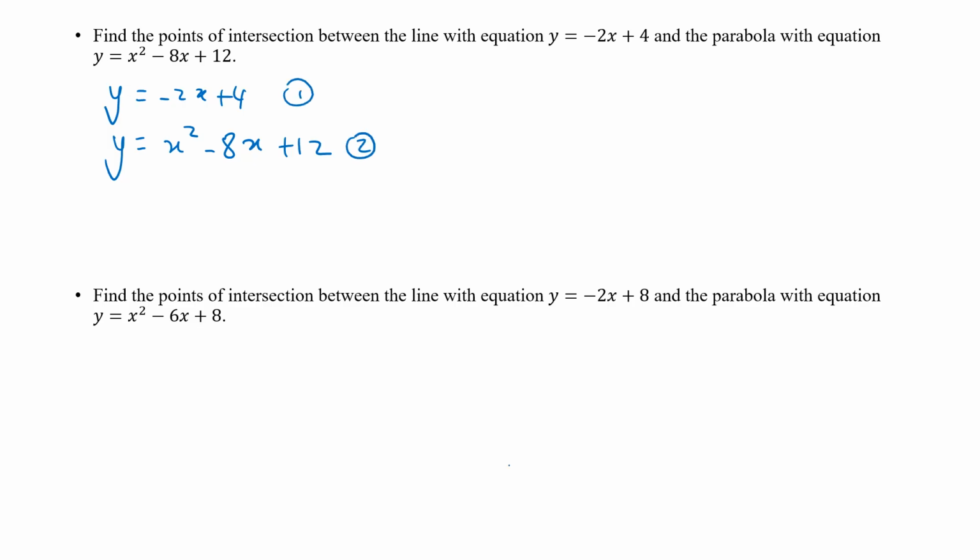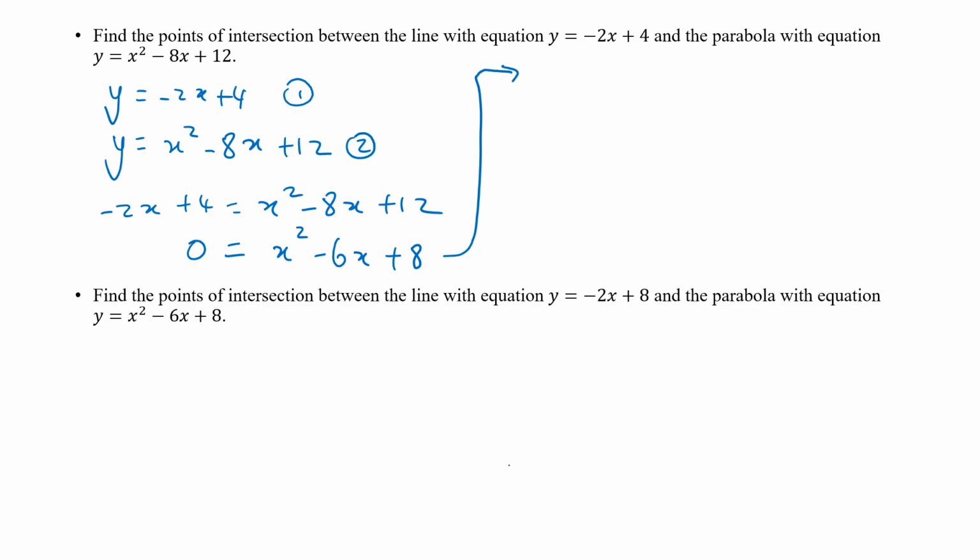So we simply need to make the two sections of what y is equal to each other. So -2x plus 4 equals x squared minus 8x plus 12. If you put everything on one side, you should be left with x squared minus 6x plus 8.